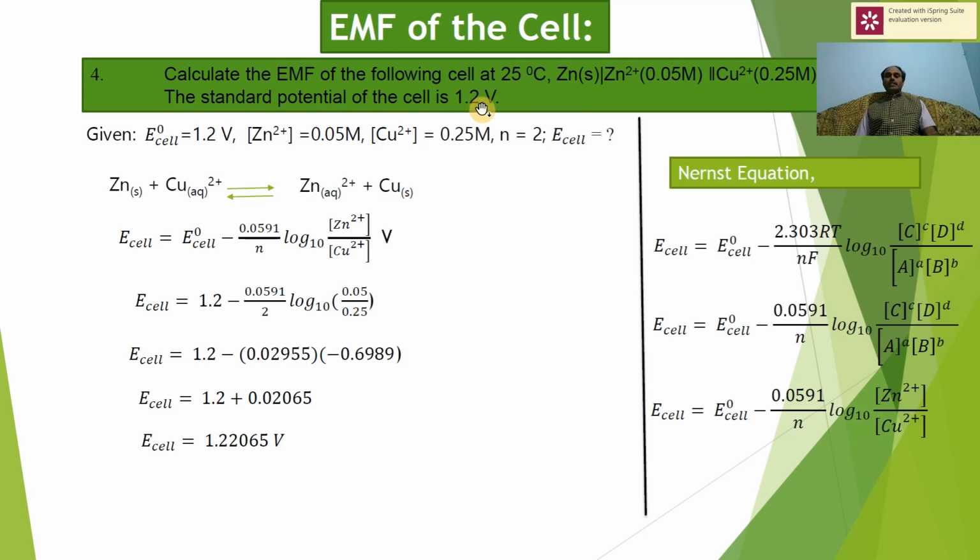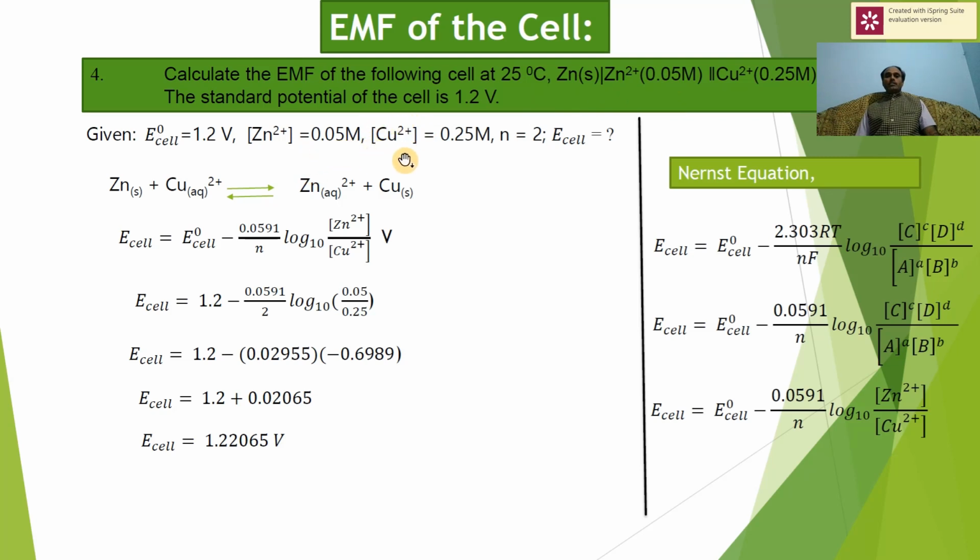Okay, now we have to extract the data. What all data are required, or what are the data given in the problem? Standard potential of the cell is 1.2 volt, that they have given. Then molar concentration of Zn2+ is given in the left hand electrode of the cell, that is 0.05 molar.